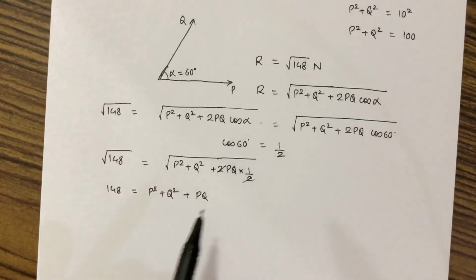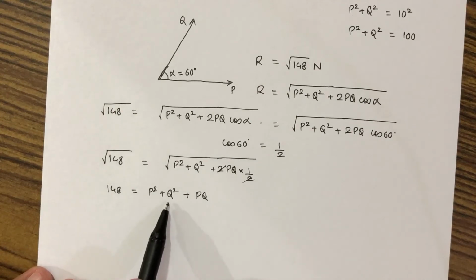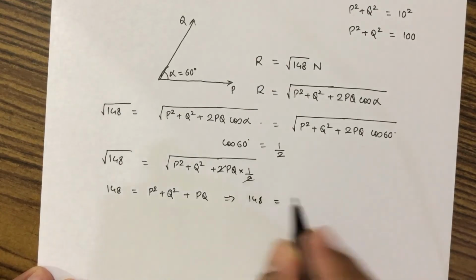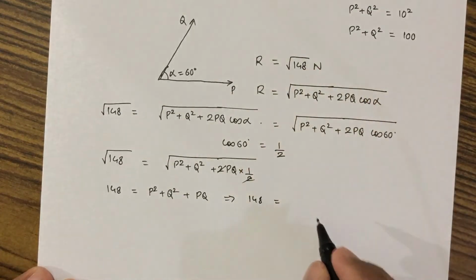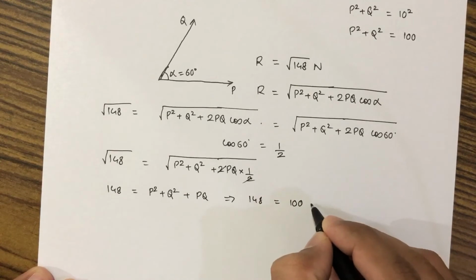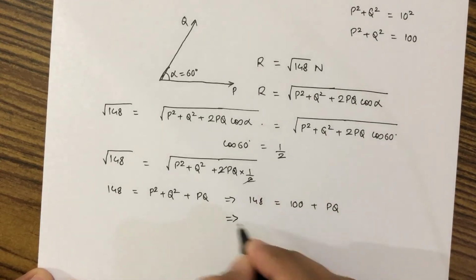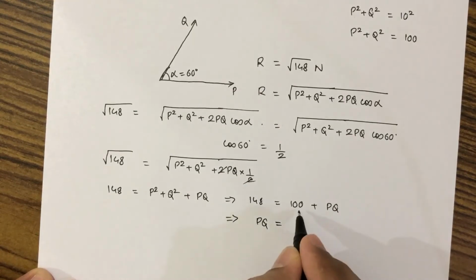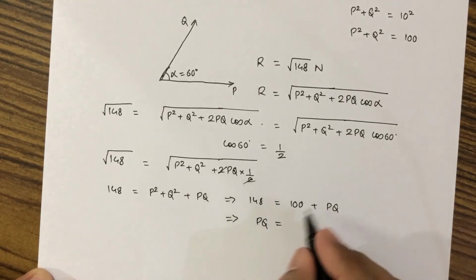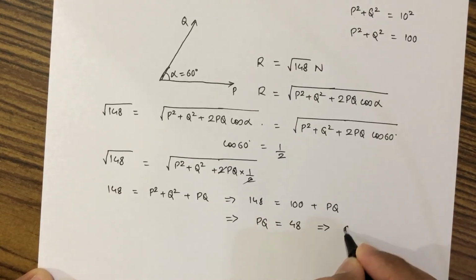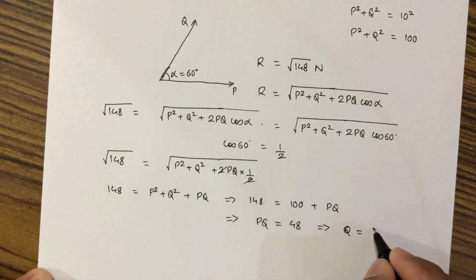So if we substitute the value over here, we will get 148 is equal to 100 plus PQ. So this can be written as PQ is equal to 148 minus 100, that is equal to 48, or Q can be written as 48 upon P.